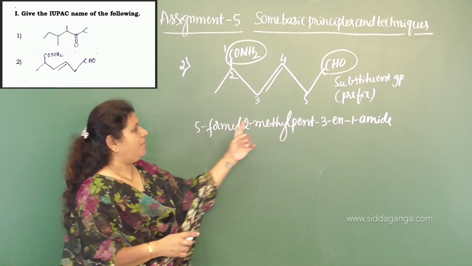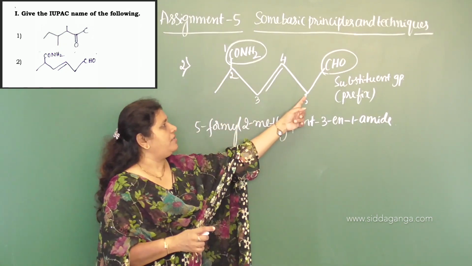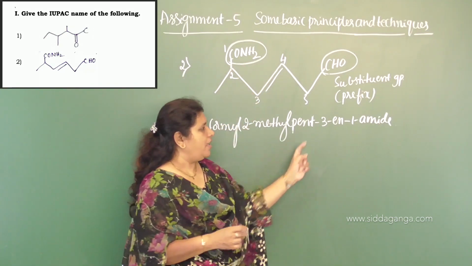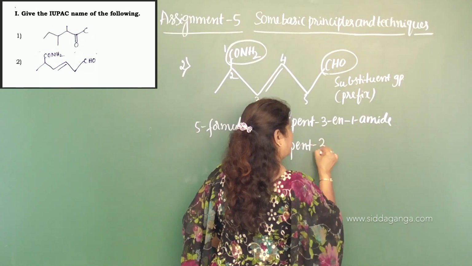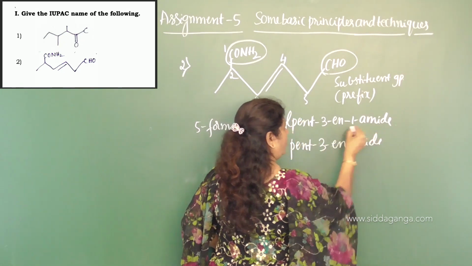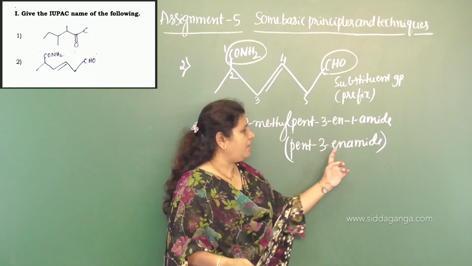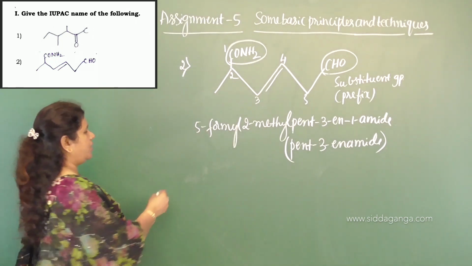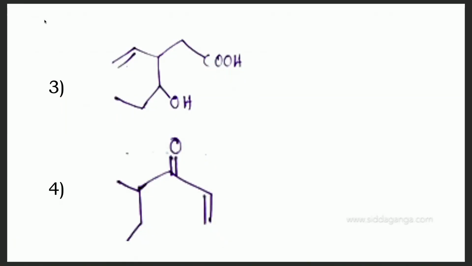So then what is the name? 5-formyl-2-methylpent-3-en-1-amide, or you can write it as pent-3-enamide. If you ignore the locant 1, you can write this as pent-3-enamide. You can also name it like that. Okay. Now move on to the third compound.